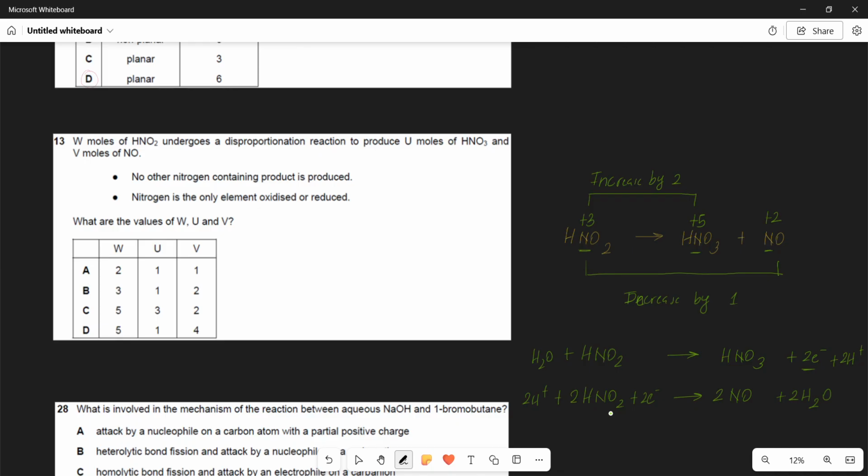Now these two half equations I am going to add. When I add, the H plus cancel and the electrons cancel. One H2O will cancel the other H2O. So the balanced equation is 3 moles of HNO2 becomes 1 mole of HNO3, 2 moles of NO and 1 mole of H2O.